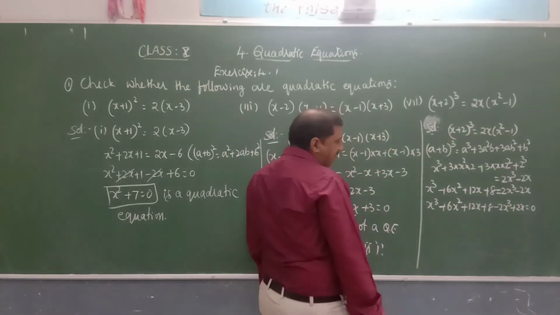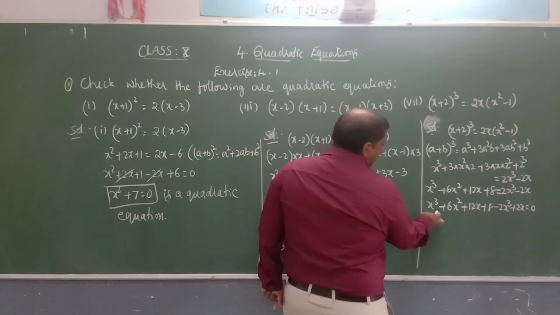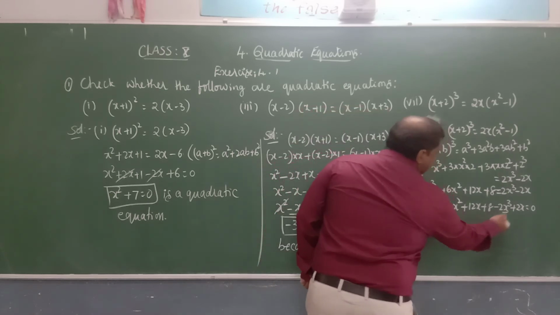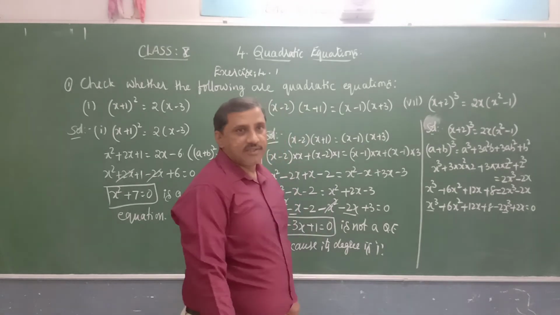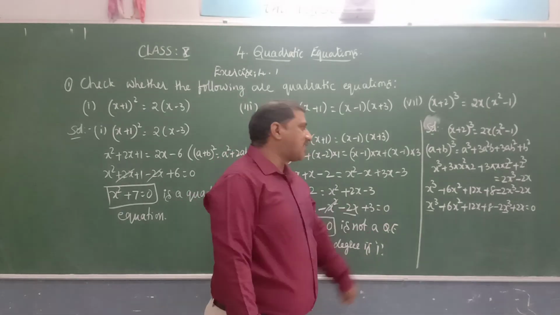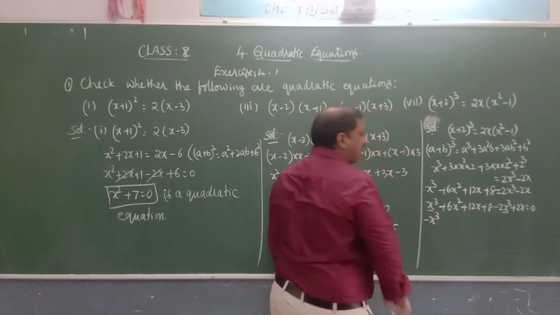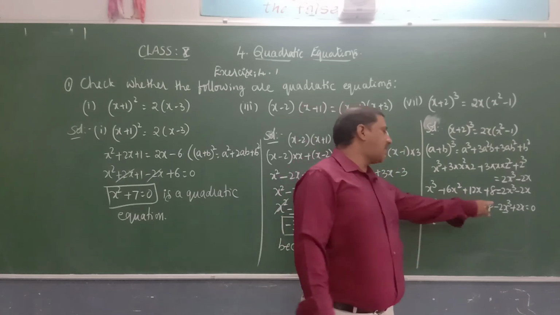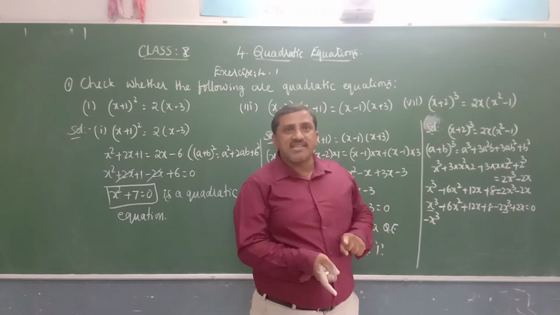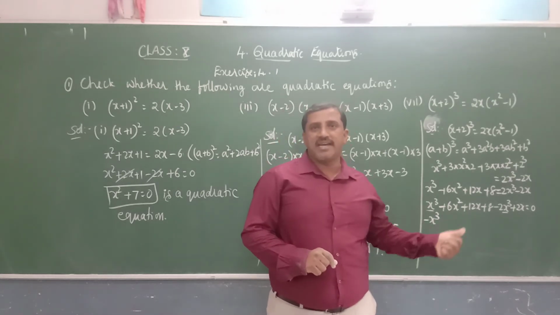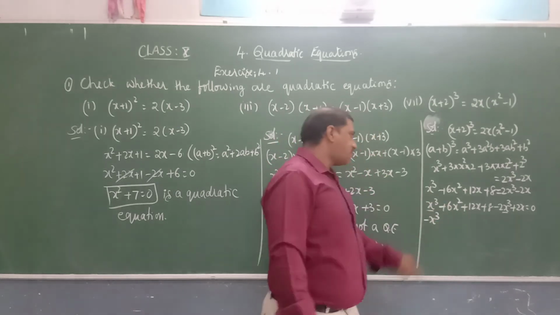Now identify the like terms. X cube and minus 2x cube are like terms. So x cube minus 2x cube, what we get is minus x cube. Subtract the coefficients. Here 1 is there, and minus 2 is there, so different signs are there. Subtract the smaller number from the greater number and keep the greater number's sign.